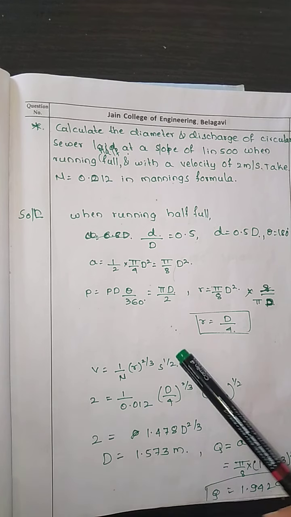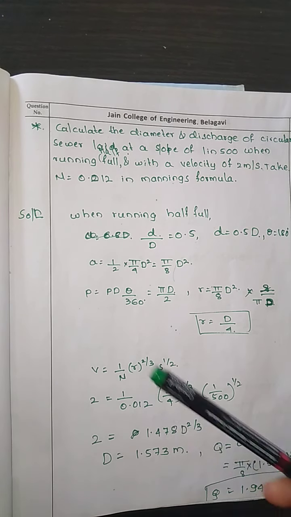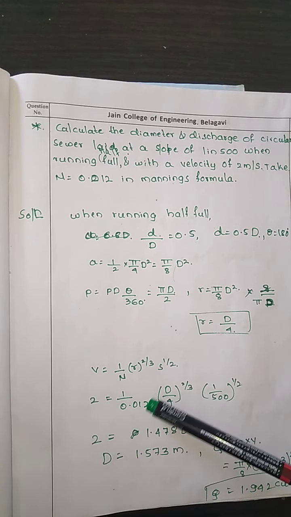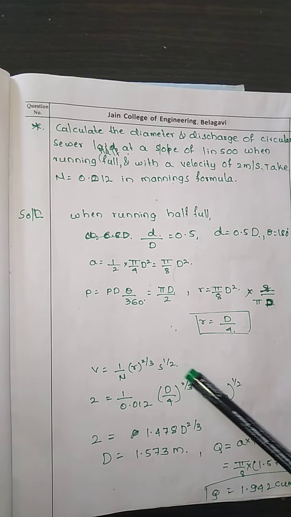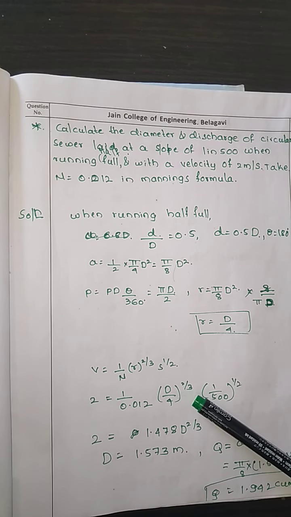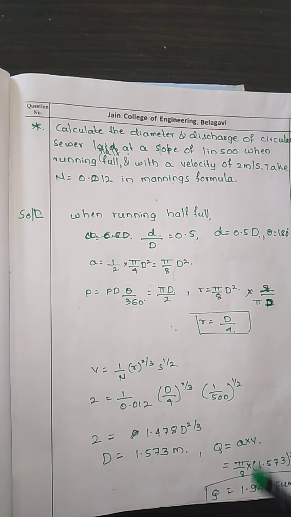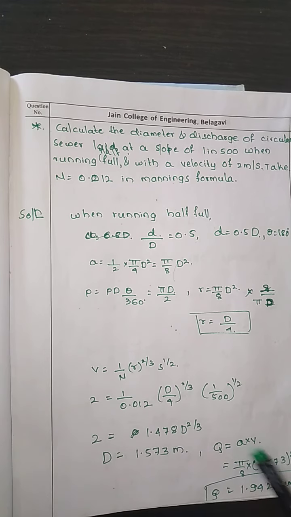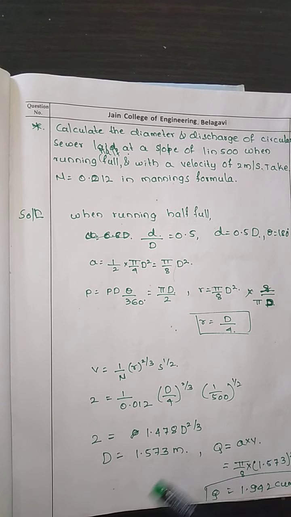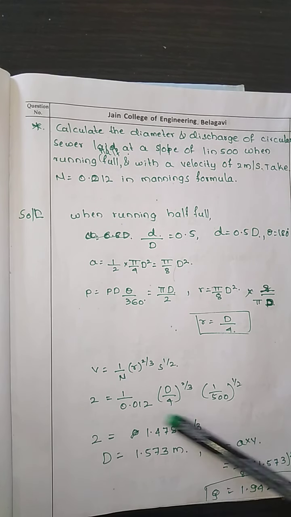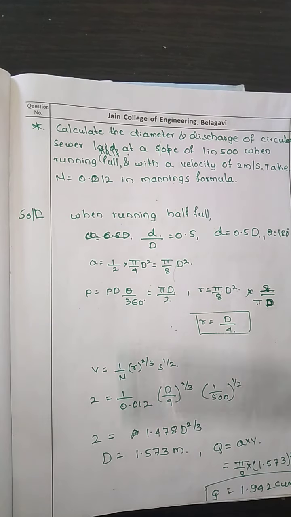Now if we apply the velocity V is equal to 1 by n, R raised to 2 by 3, S raised to 1 by 2. R is equal to D by 4, S is equal to 1 by 500 raised to 1 by 2. If we simplify it, we are going to get D as 1.573. Now diameter we have got, our first problem has been solved.